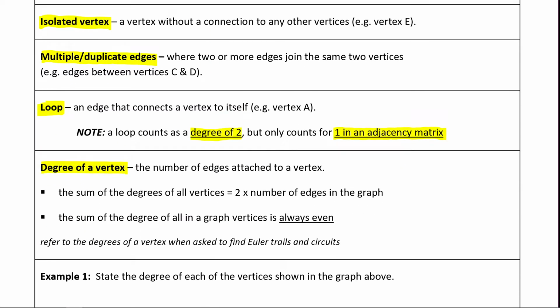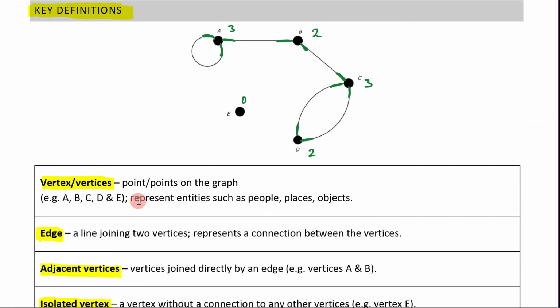Some other cool things here. The sum of all the degrees of all vertices is equal to 2 times the number of edges in the graph. So let's begin by taking the sum of the degrees of all vertices. That means I add them all up.